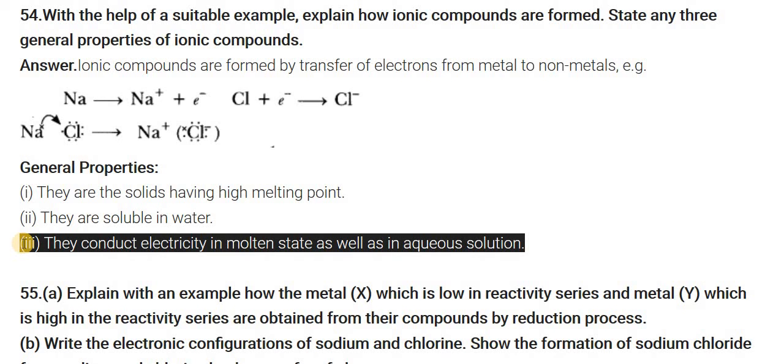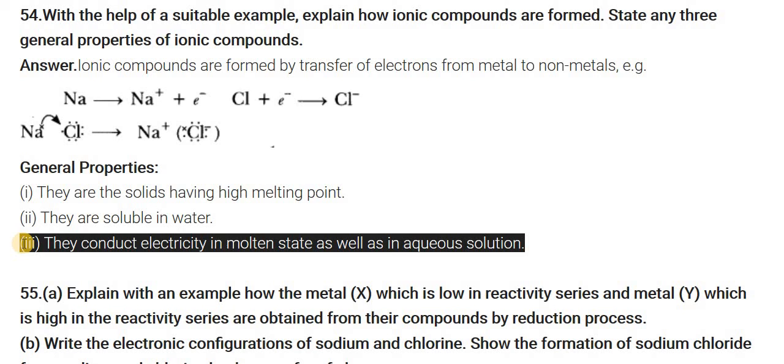The third one is that they conduct electricity in a molten state as well as in an aqueous state. We already saw the reasoning question, why ionic compounds conduct electricity in the molten state and not in the solid state.